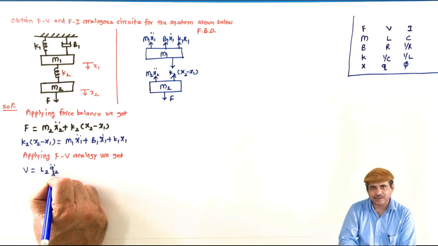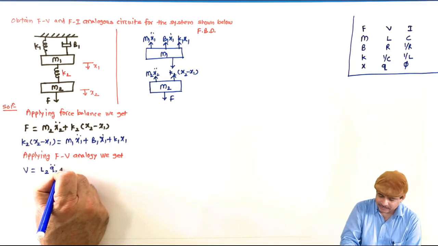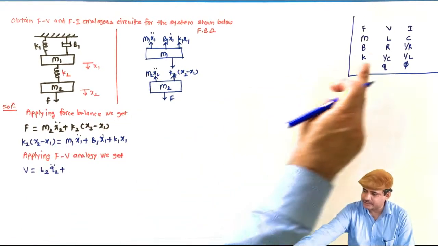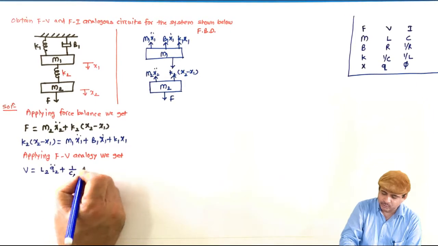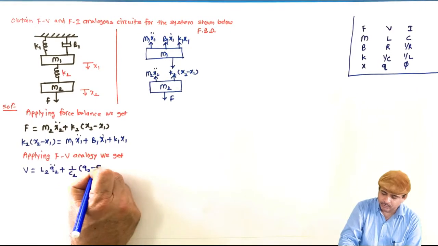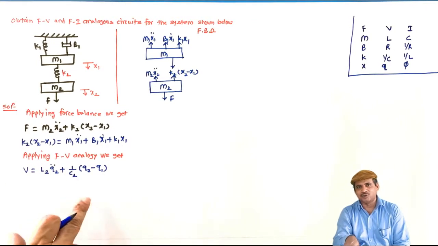This is the voltage drop across inductor L2, di2 by dt, plus K2, where K is replaced with 1 by C, so 1 by C2 (Q2 minus Q1). This is nothing but 1 by C2 integration of (I2 minus I1) dt.